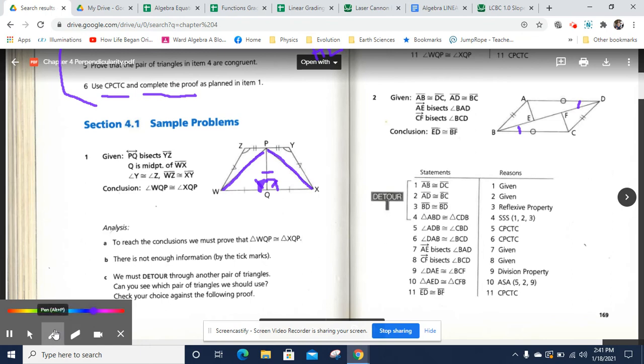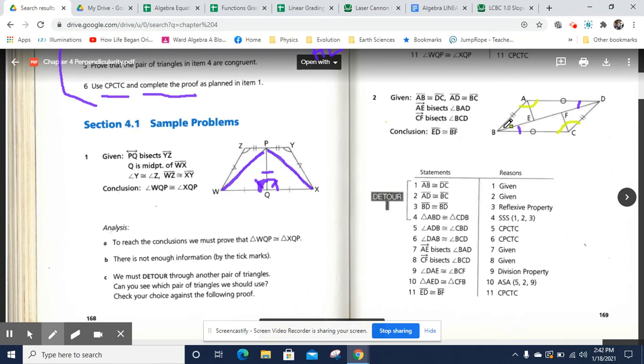And then we can also prove that these other angles on the other end are congruent. Let's see. DAB, well, we can prove DAB is congruent to DCB, or BCD, either way.